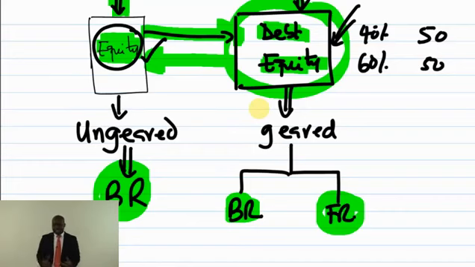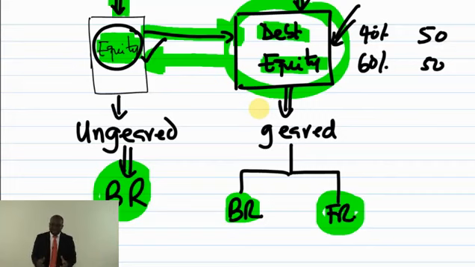The argument here is our objective is to maximize the shareholders' wealth. And we all said from chapter 2 that the corporate value is the present value of the future free cash flows discounted using the WACC.